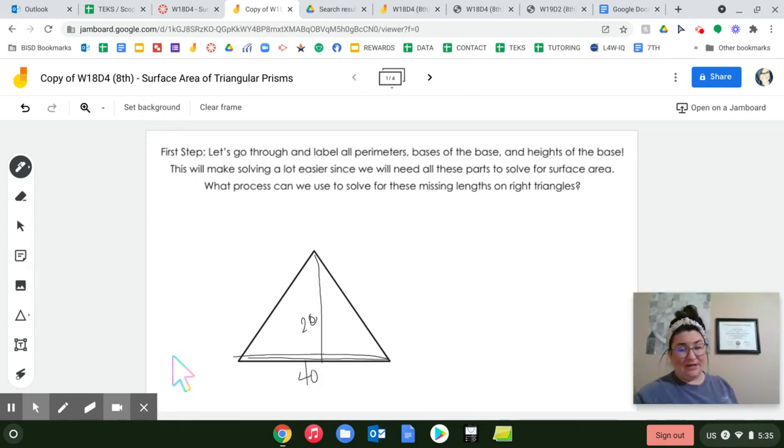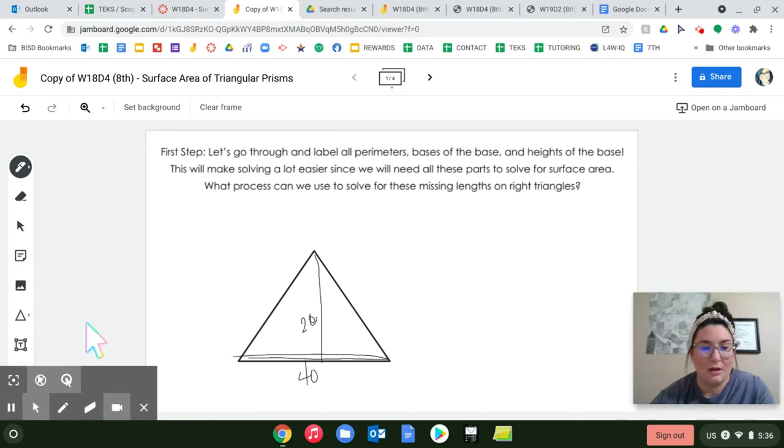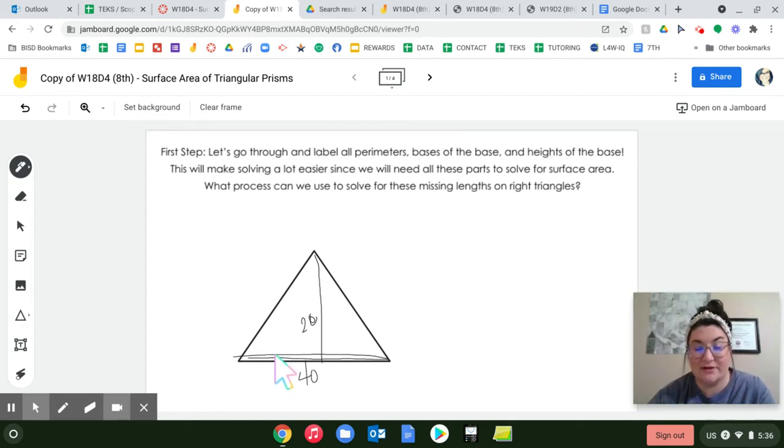One of the things we have to have is the perimeter of the base. So I have one side of the base, I need these other two sides. How could I find that? Do y'all remember back before Christmas break, we used a formula to solve for the missing lengths of a triangle. If you guessed Pythagorean theorem, you are right. We would use the Pythagorean theorem, a squared plus b squared equals c squared, to solve for these missing lengths.